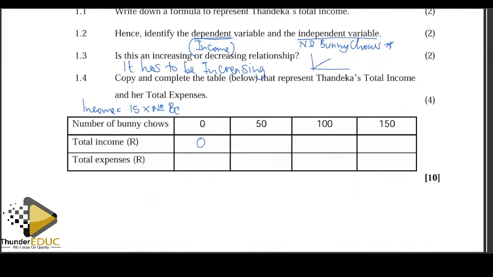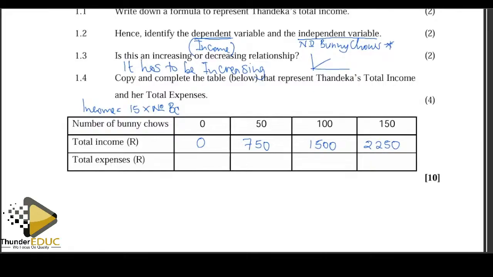Then 50 times 15, you end up having 750. Then 15 times 100 gives you 1500. Then 150 times 15 gives 2250. We are done with income.